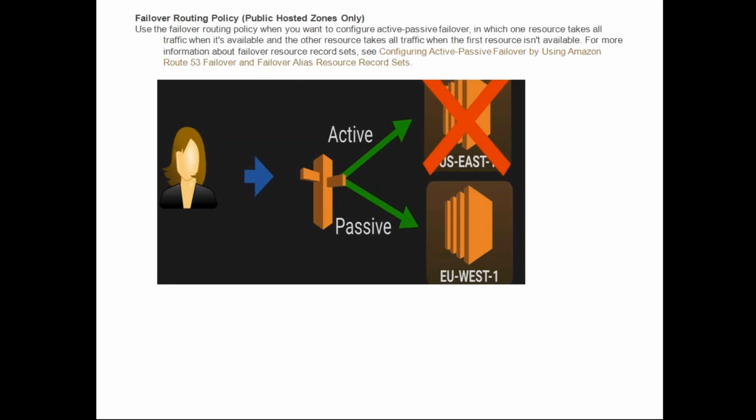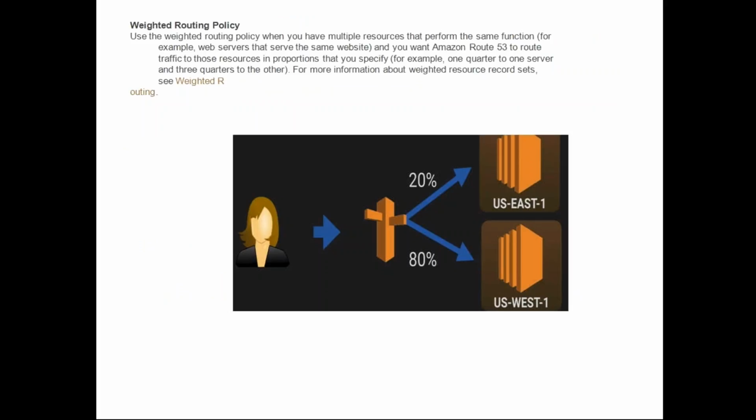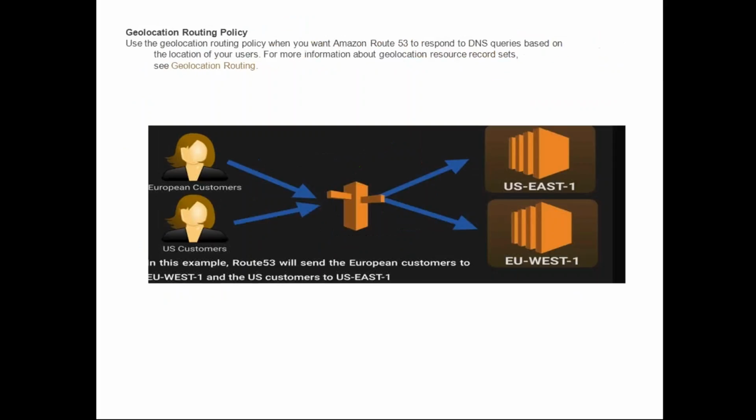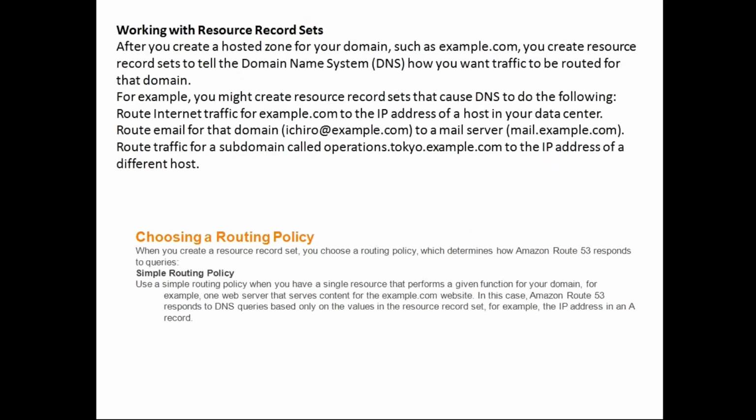So these are the policies you can implement in Route 53 as per your need: simple policy, weighted policy, latency policy, failover policy, or geolocation policy. On the network layer, or you can say DNS layer, you can easily implement these things.